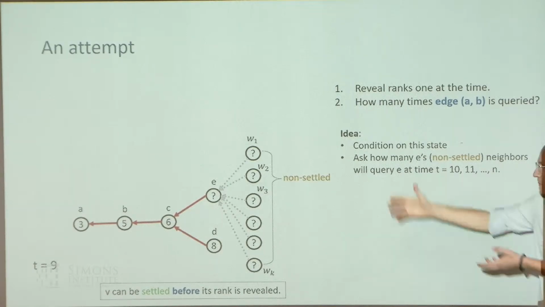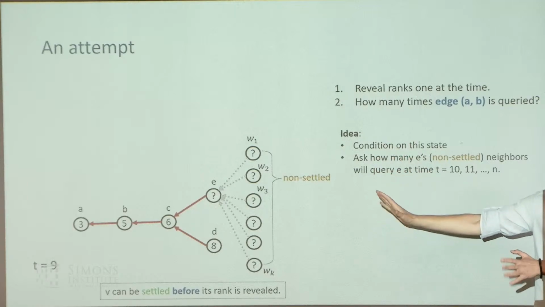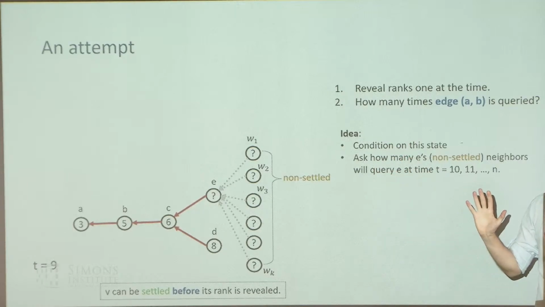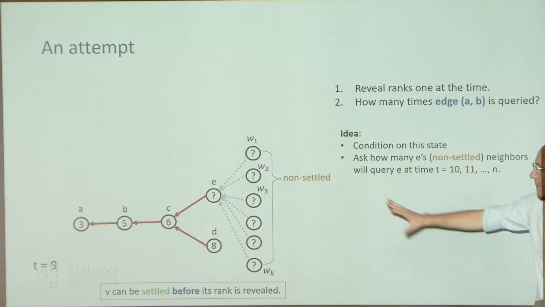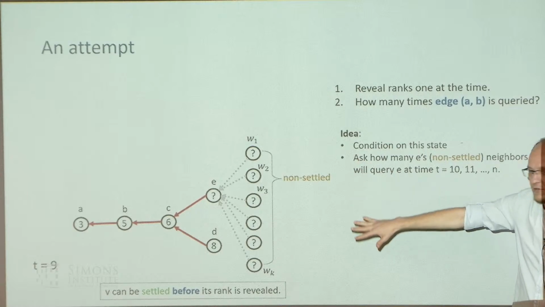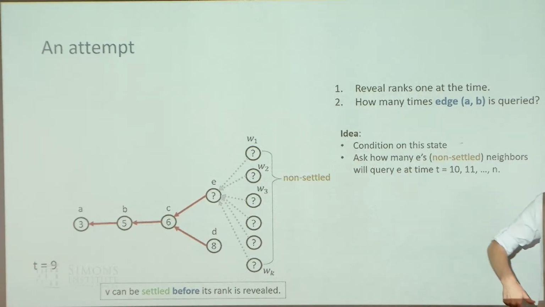So how many neighbors do we expect? We don't know anything about the randomness. It's to be revealed. But once we reveal the randomness and replace these question marks by numbers, how many neighbors in expectation do you expect to query? K over 2, thanks a lot, yes.